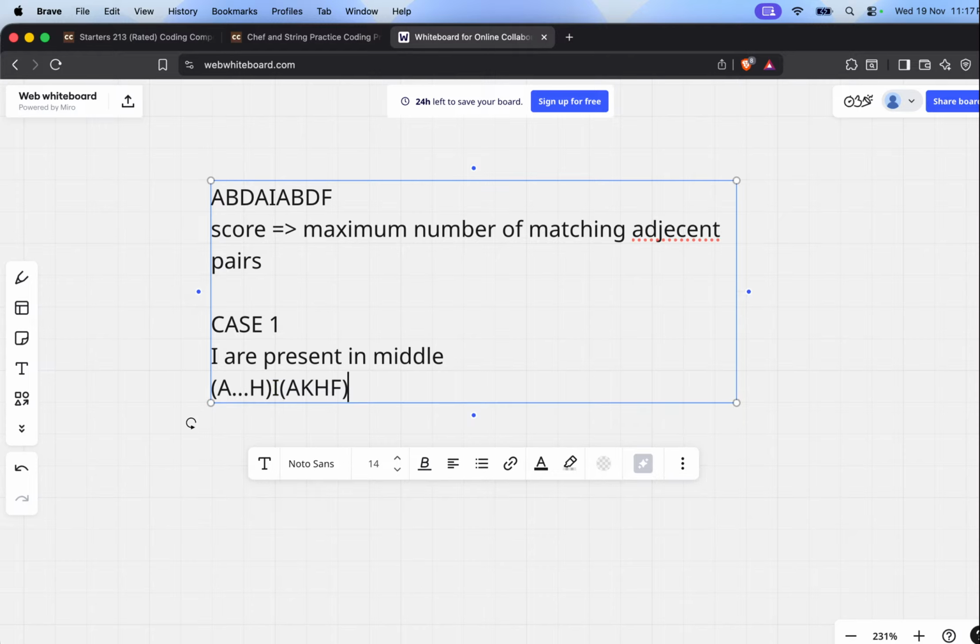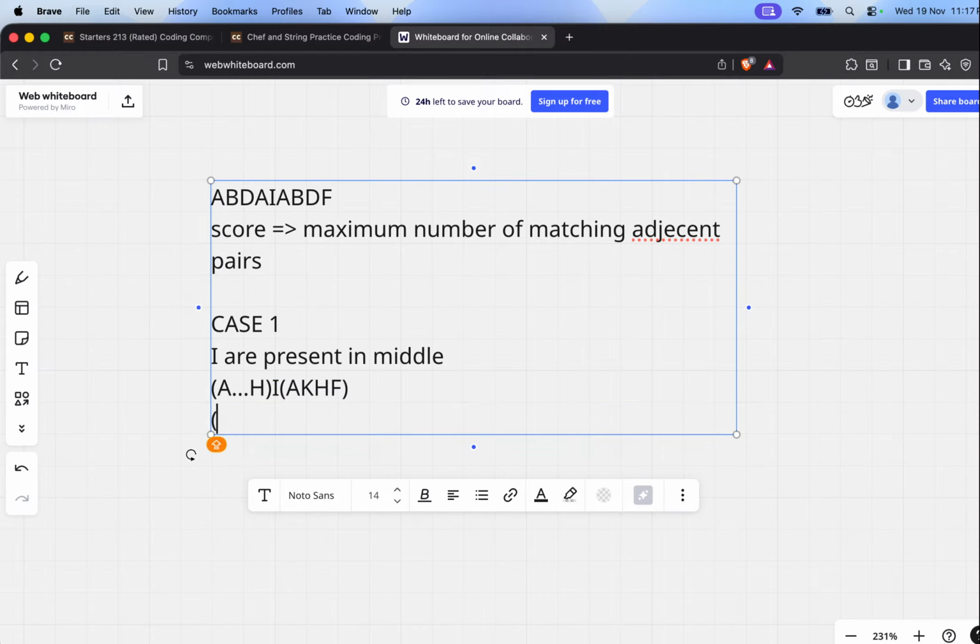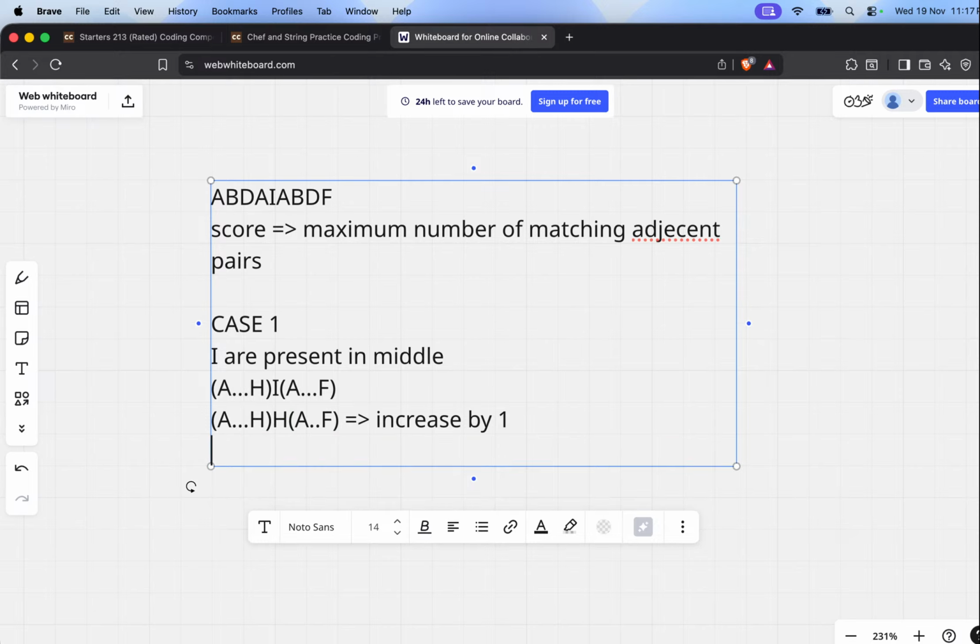If I convert this I into the left character, that is H, what happens? We increase our score by 1 because this is one extra matching pair that we have created.